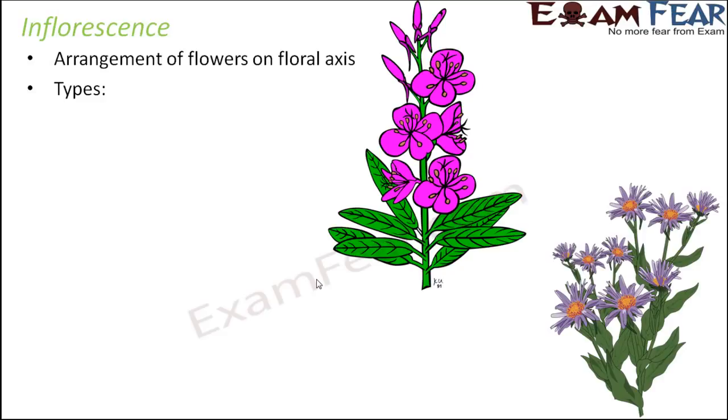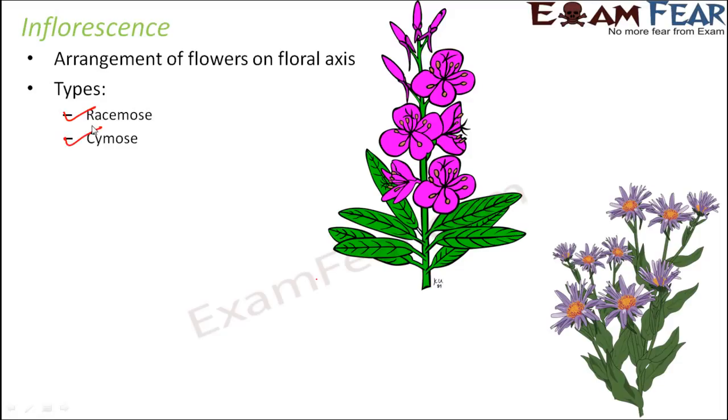When there is one flower on a floral axis, that is known as a solitary flower. But when we have a bunch of flowers, then we talk about inflorescence. The types are racemose and cymose.